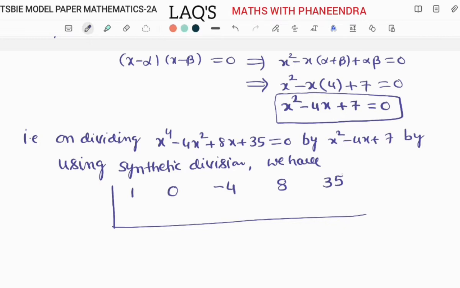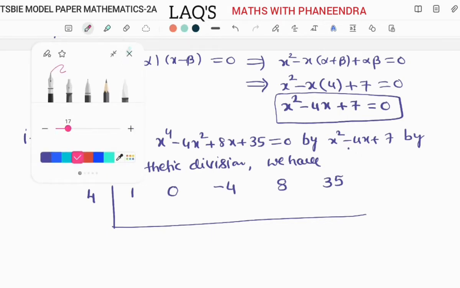Here what we have to do is, x coefficient is minus 4. So x coefficient is minus 4 means here you have to divide with plus 4. So here particularly I will mention with a different pen, then it is easy to understand.